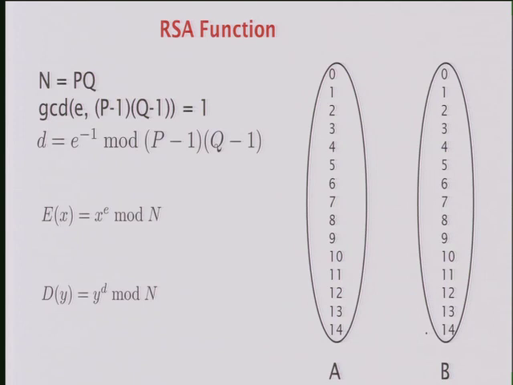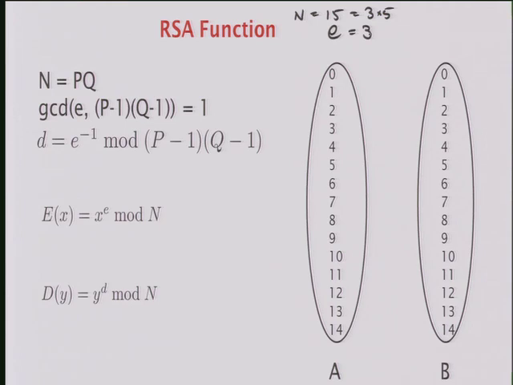Okay, now here's another. Here's what's going on behind the scenes in this encryption function. So remember what we have here is 15 is 3 times 5. Right? It's a product of 2 primes, P and Q. 15, 3 and 5. Now, what did we do? Why did we pick x cubed mod n? So we picked this encryption, where n equals 15, and E we picked equal to 3.